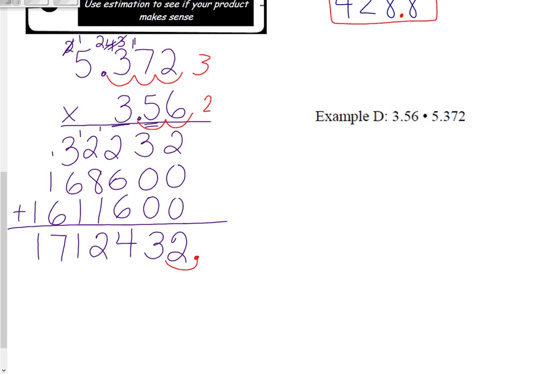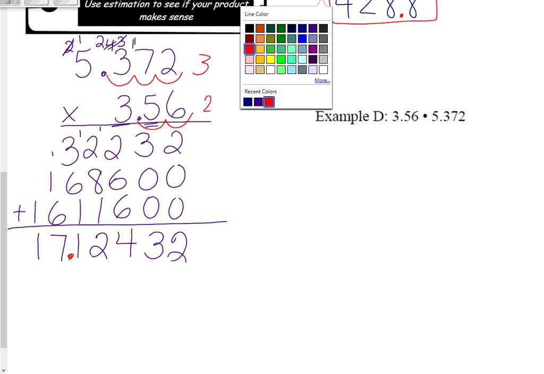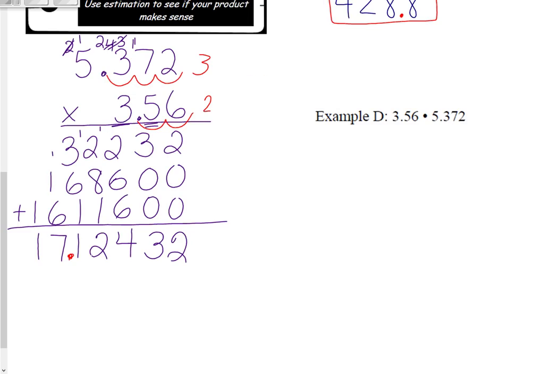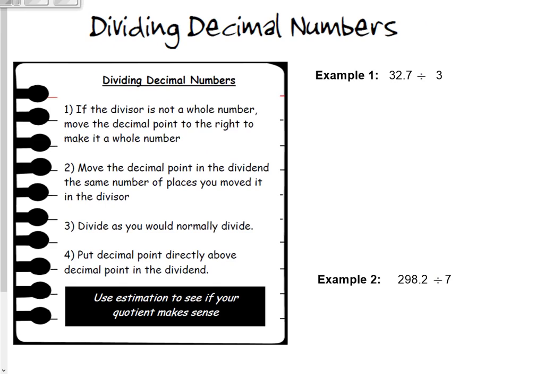So I have 1, 2, 3, 4, 5, placing the decimal point there. Giving me a final answer of 17 and 12,432 hundred thousandths.